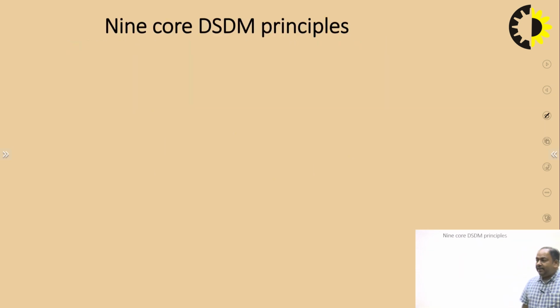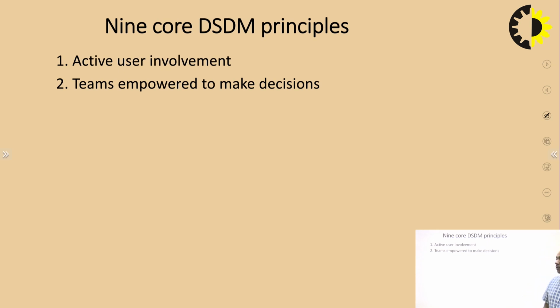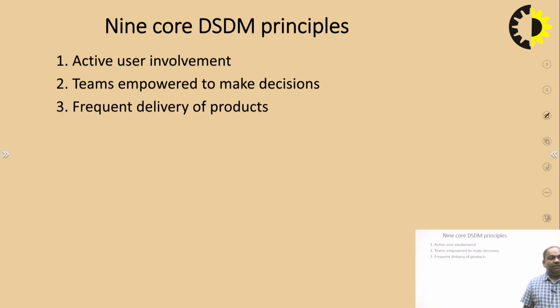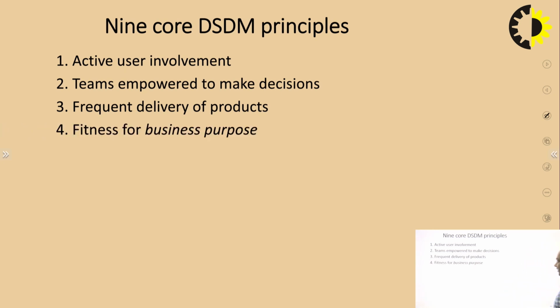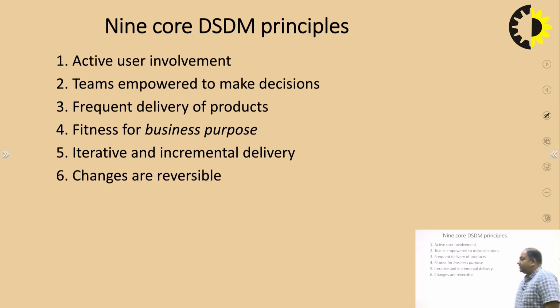So, DSDM has 9 principles: active user involvement, team empowered to make decisions, frequent delivery of products, fitness for business purpose, iterative and incremental delivery, and changes are reversible.